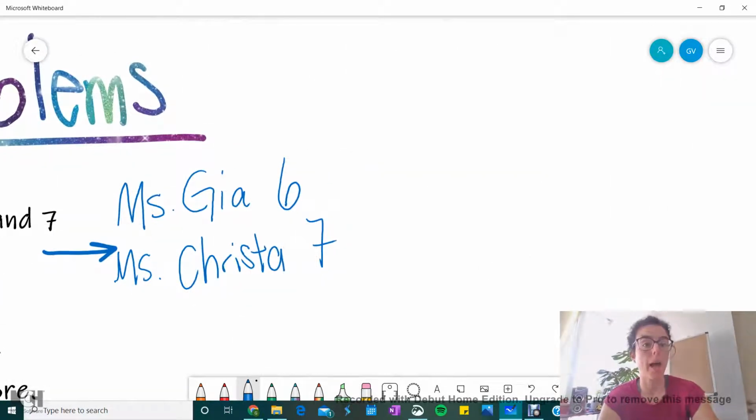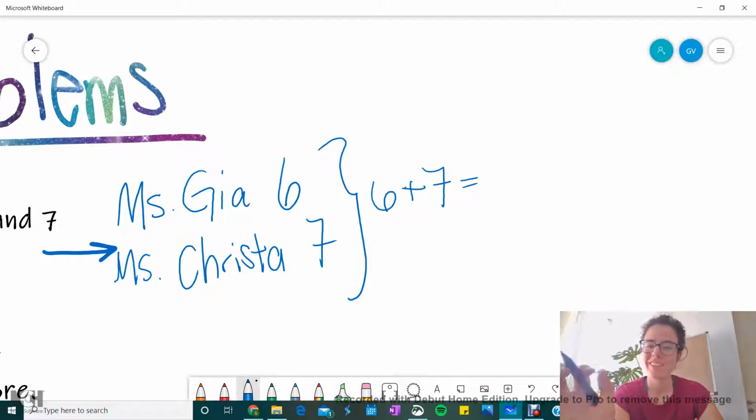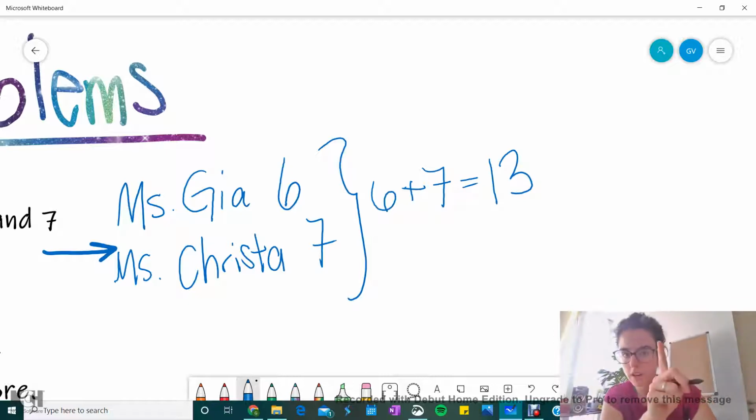Okay, so we need to combine these 2, put them together. How can we make a number sentence that puts these 2 numbers together? Addition. We must add these numbers. Okay, so it's going to be 6 plus 7 equals, what does that equal? You guys know this. 6 plus 7 is 13. Good.